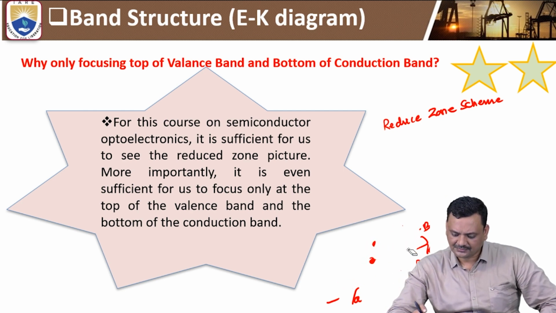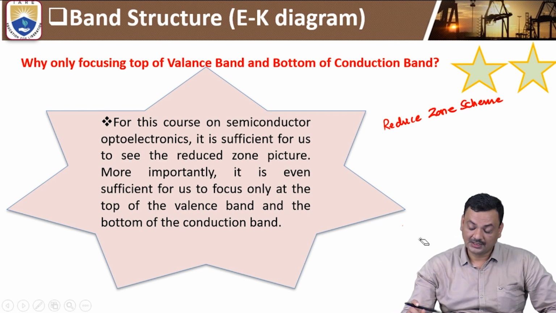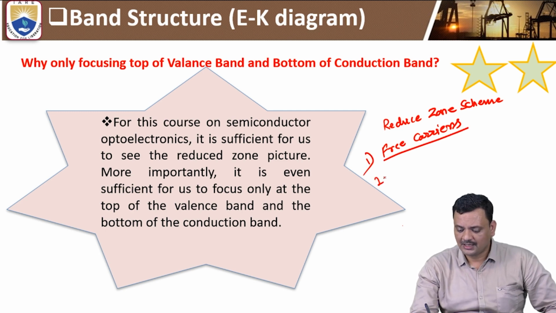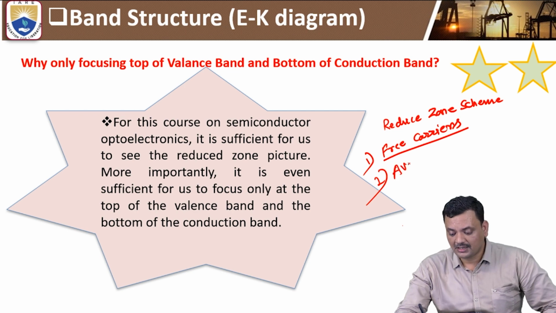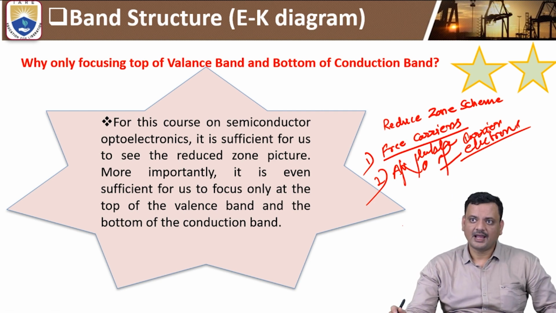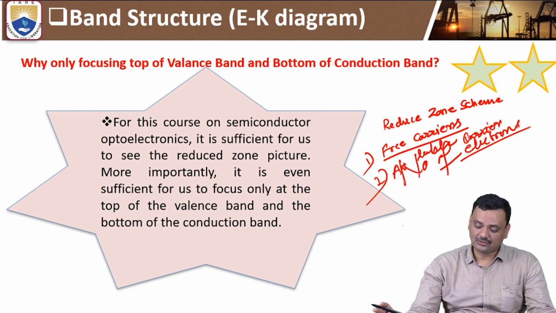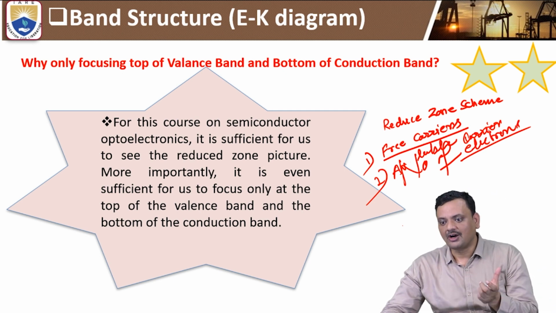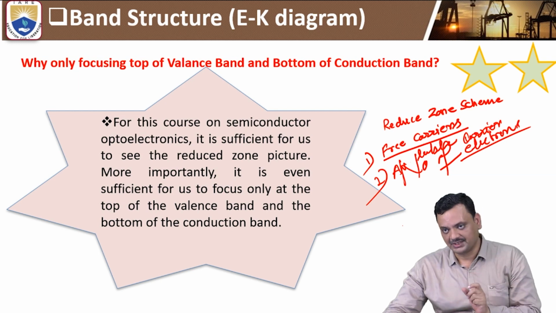Why? There are two things: free carriers, and the available electrons, which is simply the number of electrons. I already discussed how many electrons there will be for a particular dimension of crystal structure.